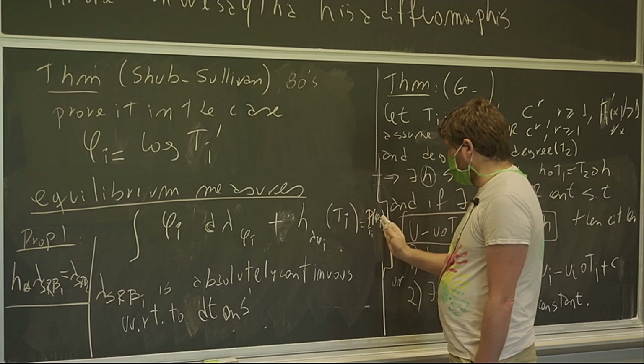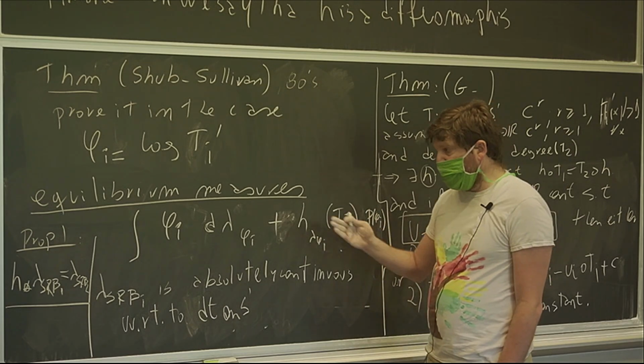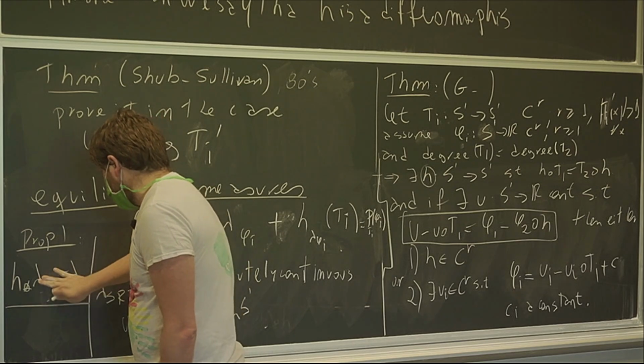So you have the inequality always, and then you have the maximizer, and you will have the matching also here by the very same reasons.